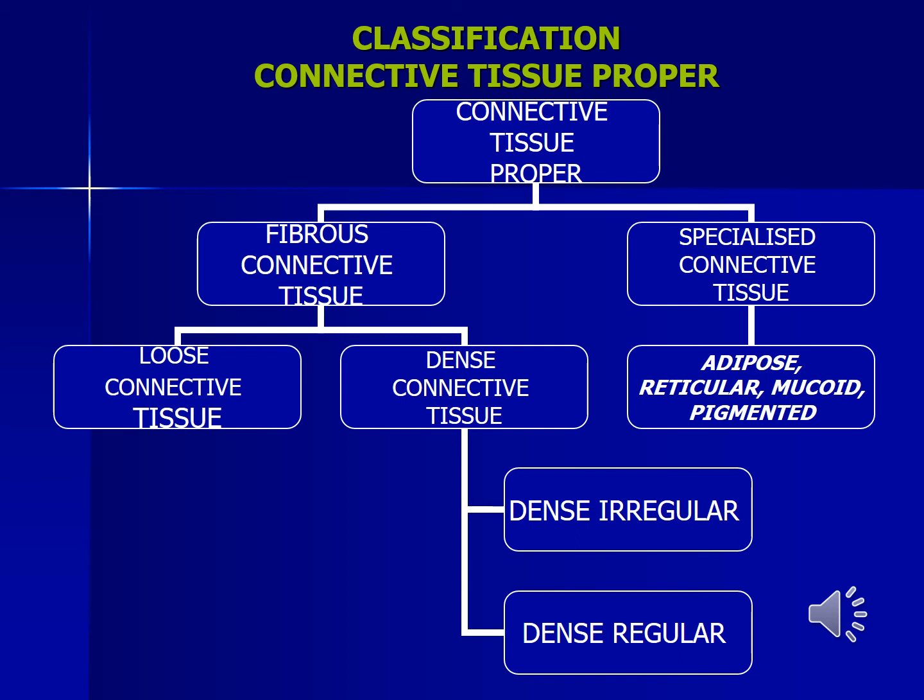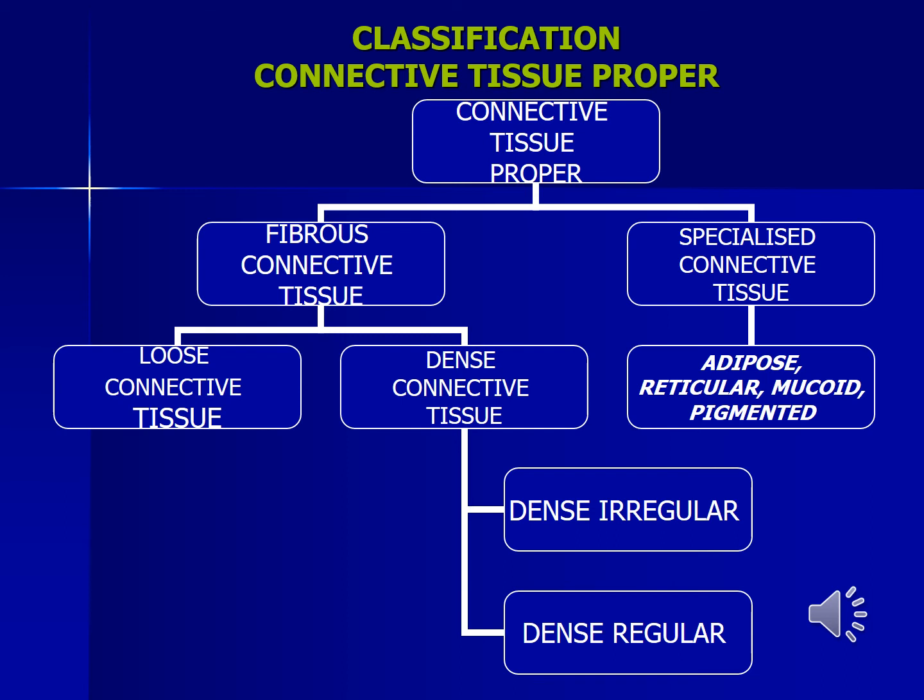And dense connective tissue, depending on the position of collagen or elastic fibers, is divided into two subgroups, dense irregular connective tissue and dense regular connective tissue. In dense irregular connective tissue, collagen fibers do not form parallel layers or bundles. But in dense regular connective tissue, collagen fibers form bundles, lie parallel, and form a very strong composition.